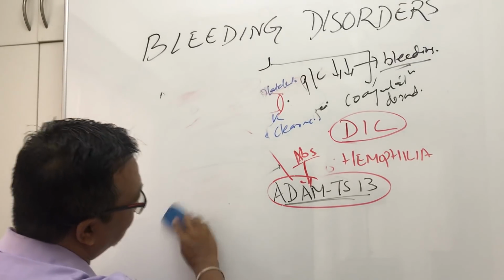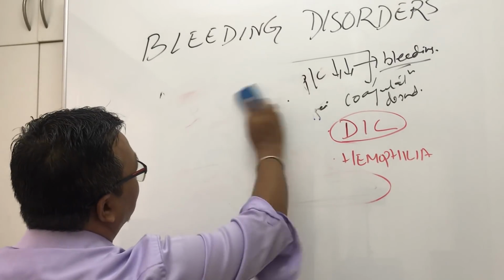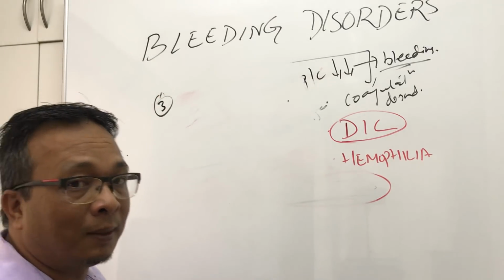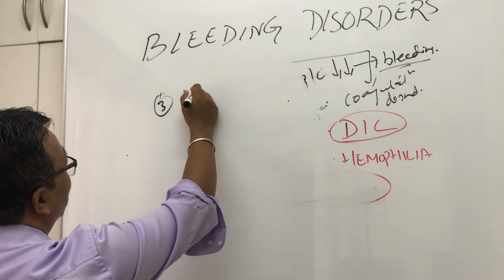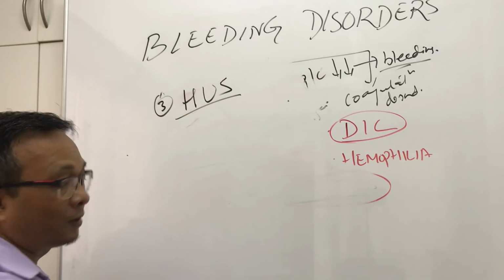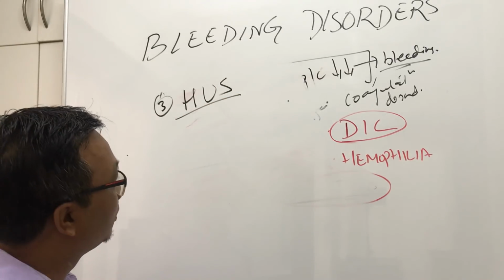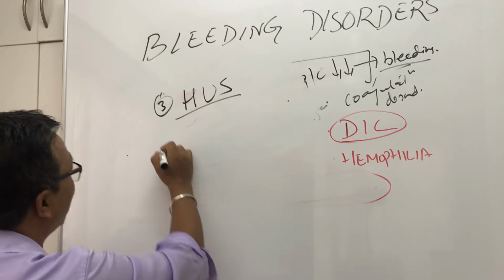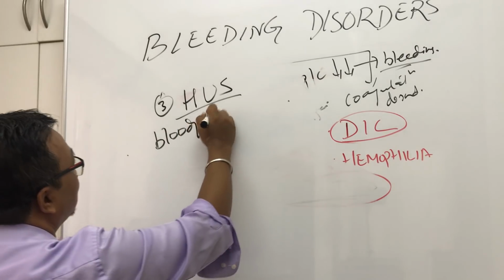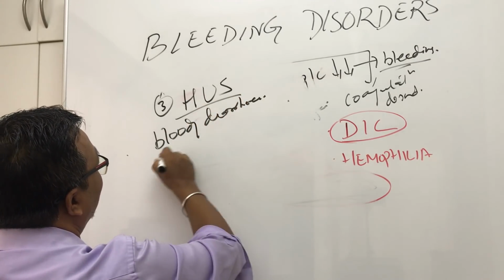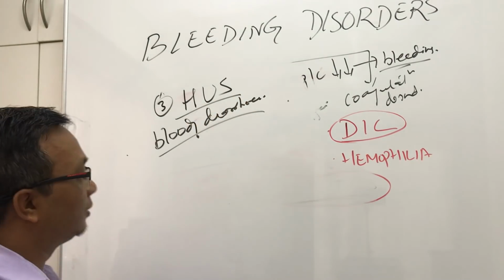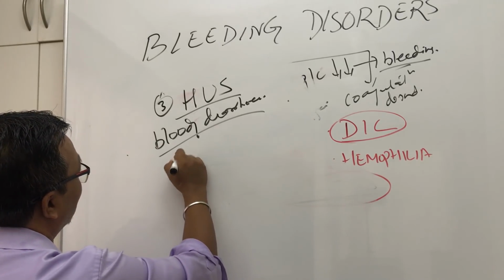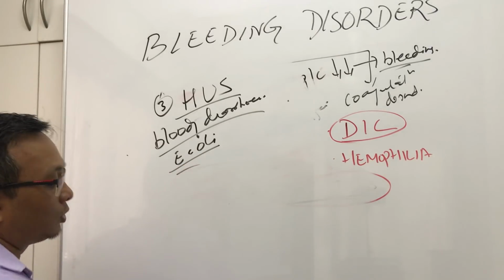Then, number 3, which very often comes in MCQs, is hemolytic uremic syndrome, HUS. Remember, hemolytic uremic syndrome is a condition with bloody diarrhea, mostly found in children. It is caused by Shiga-like toxin, not Shigella. Remember, Shiga-like toxin of E. coli.